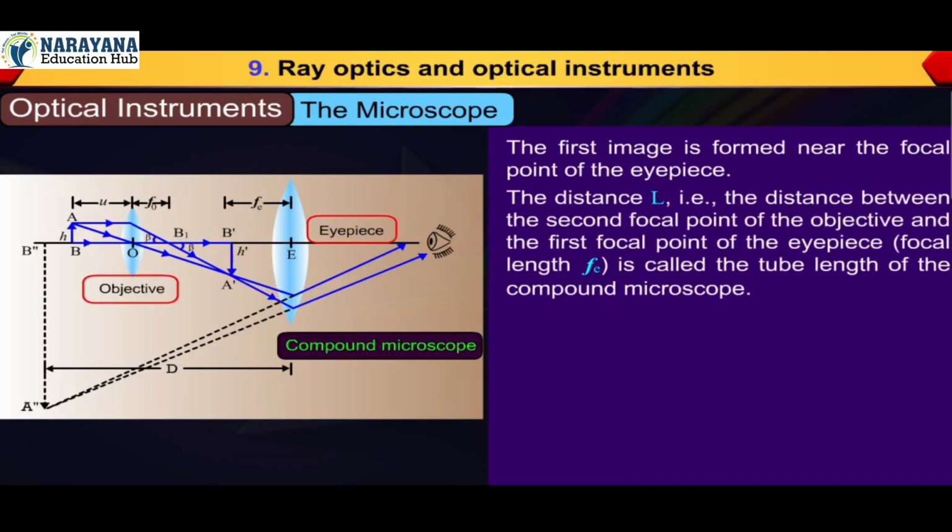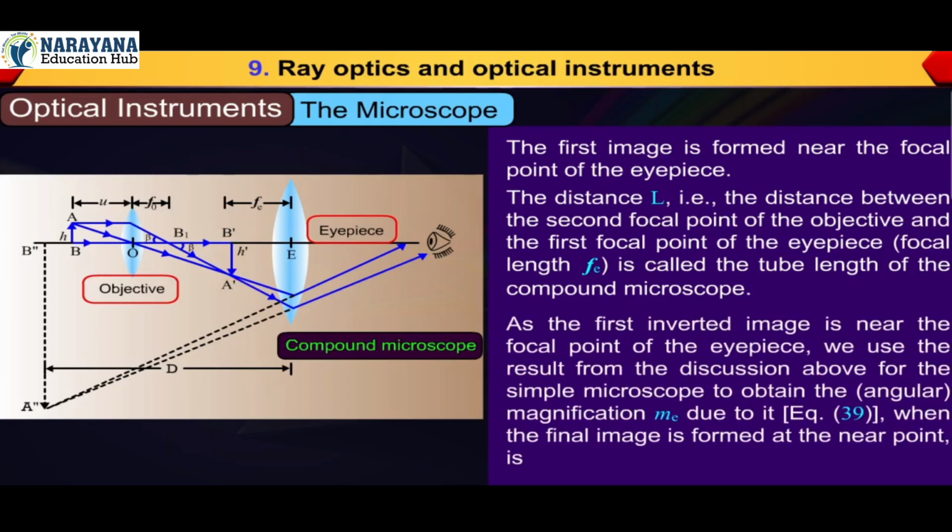The distance L, that is, the distance between the second focal point of the objective and the first focal point of the eyepiece, of focal length fe, is called the tube length of the compound microscope. As the first inverted image is near the focal point of the eyepiece, we use the result from the discussion above for the simple microscope to obtain the angular magnification me due to it.